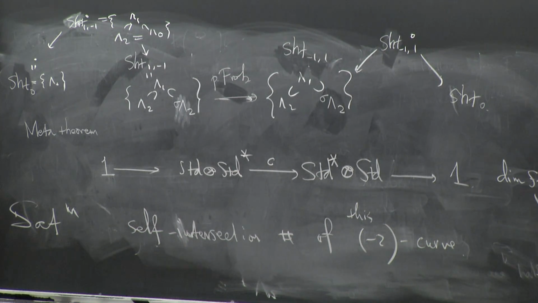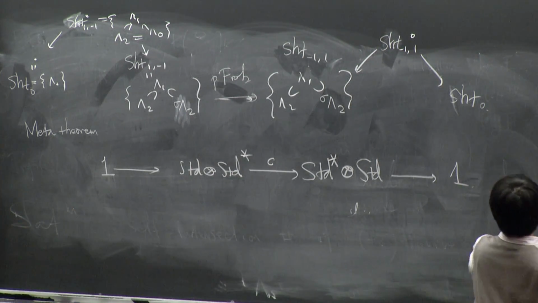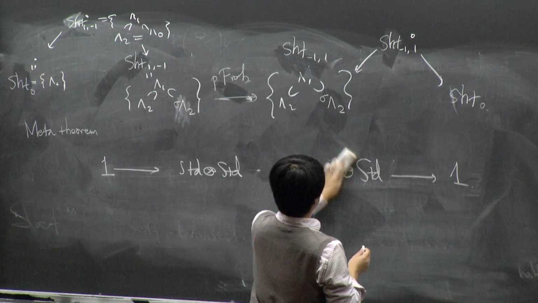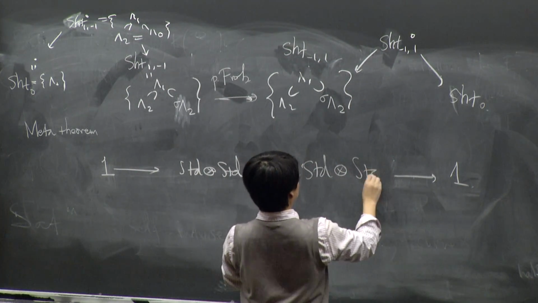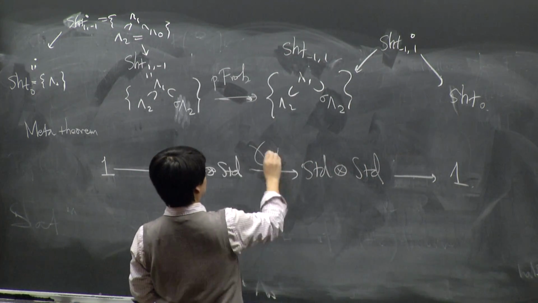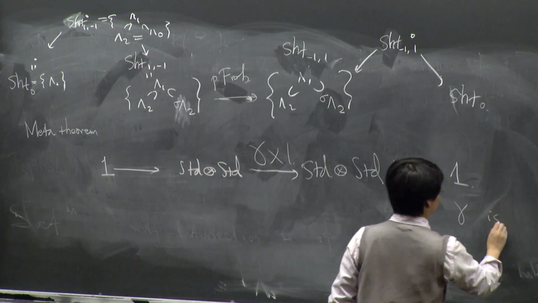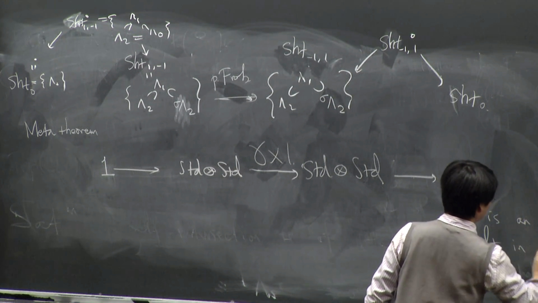Because in the local situation it won't be correct, but what would happen is you can calculate in terms of the standard representation times the standard representation times gamma times 1, where gamma is an element in GO2.